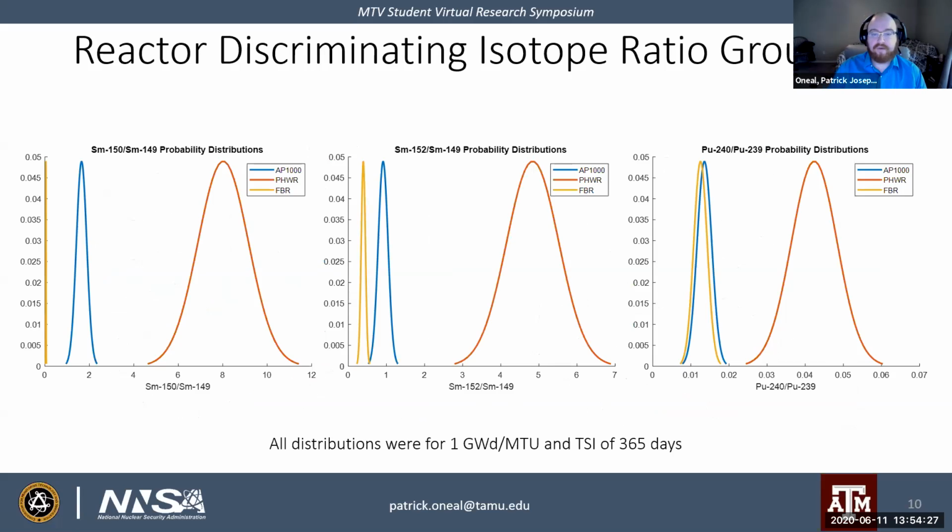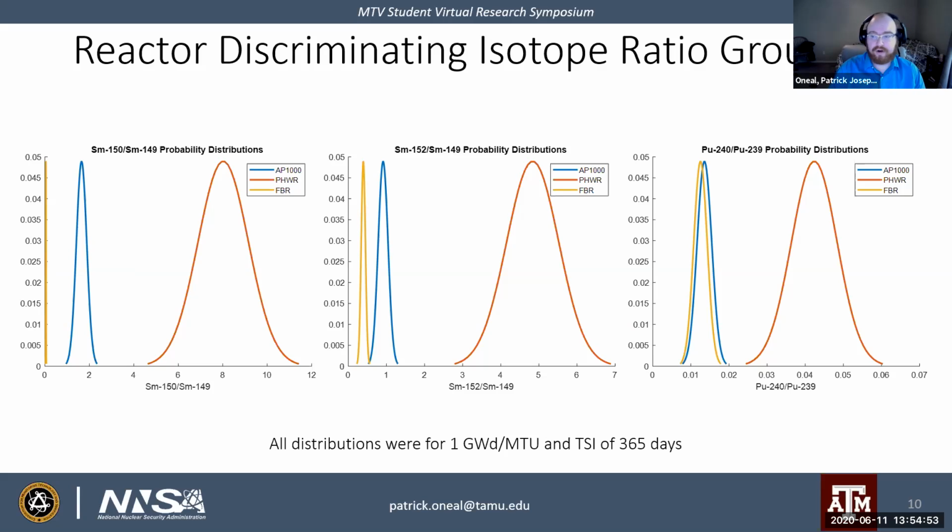Just to further emphasize the point of how separate those curves are, these are our probability distributions for a sample from each reactor that's at 1 gigawatt day per MTU and a time since irradiation of 365 days. And as you can see in the samariums, we have a really good separation between these probability distributions, which makes it unlikely that we would confuse the three reactors.